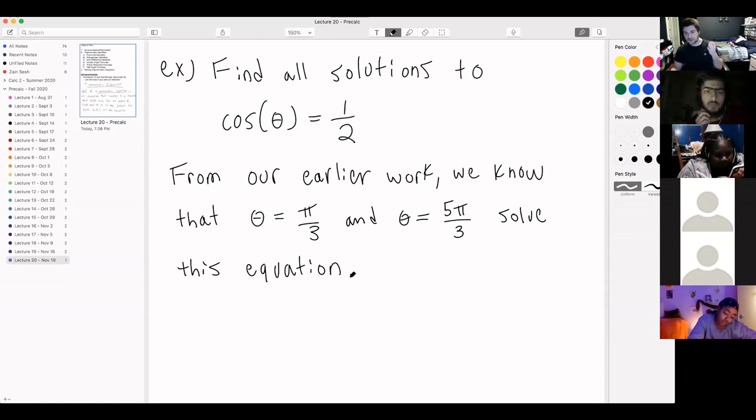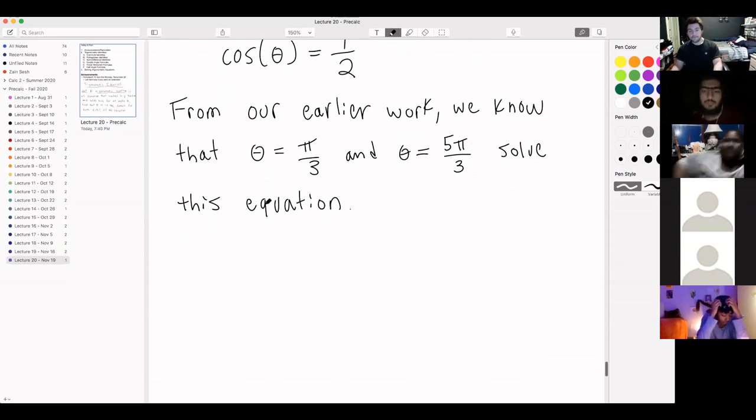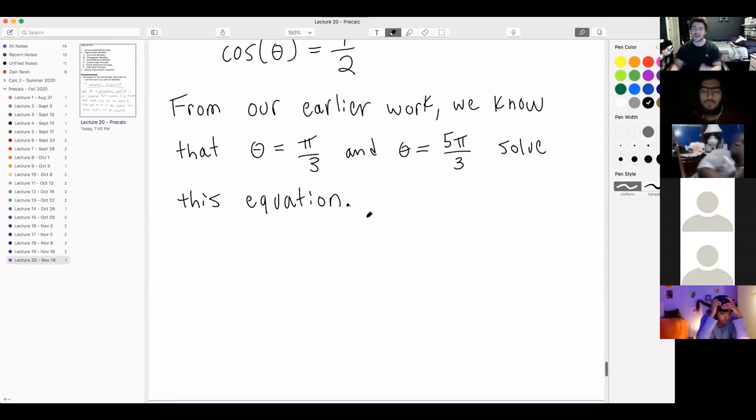This goes back to our work with reference angles. If you take cosine of pi over 3, and cosine of 5 pi over 3, you will indeed get positive 1/2. You can verify that for yourself. But these are not the only solutions. We have an infinite family of solutions.